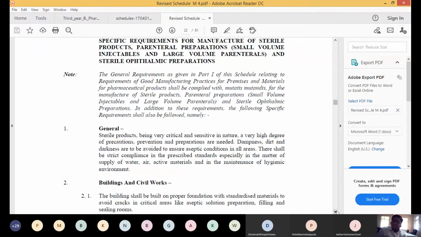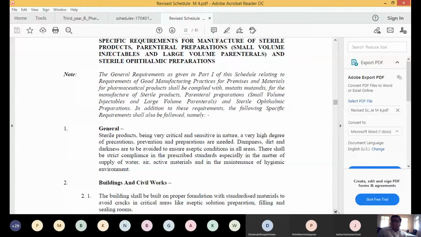So that is a prior training for you. Schedule M is a prior training for you on how you are going to set up an industry, or how you are going to understand the pharmaceutical industry. As we are pharmacy students, we are talking about the pharmaceutical industry in this pharmaceutical jurisprudence, or Schedule M.